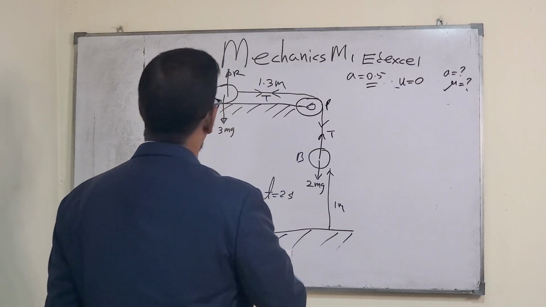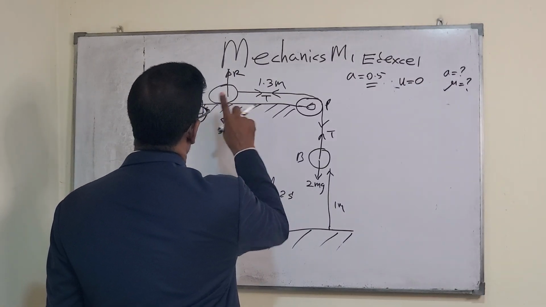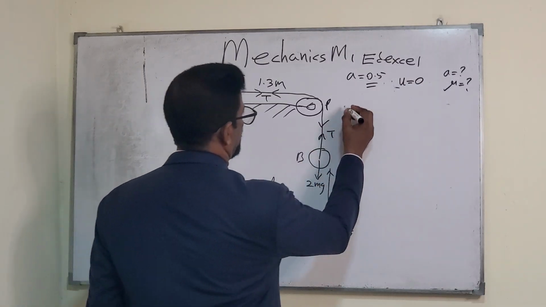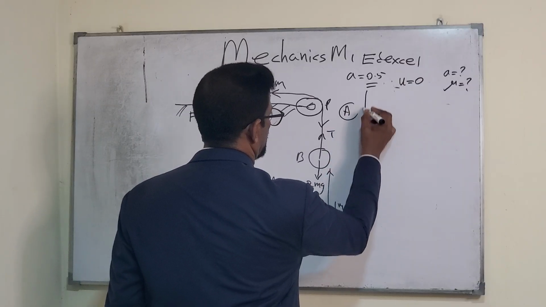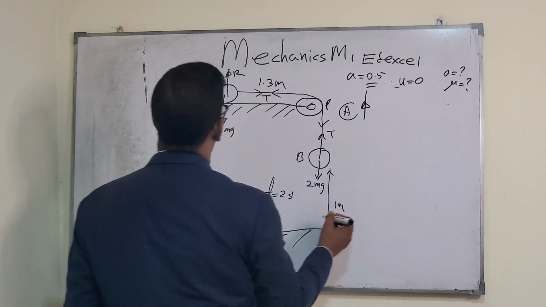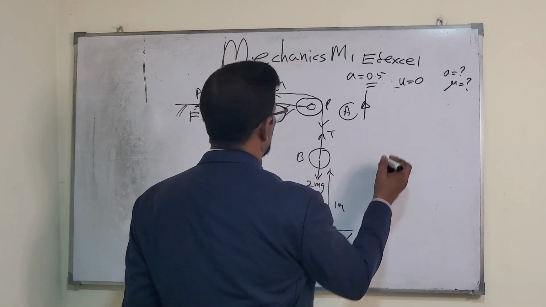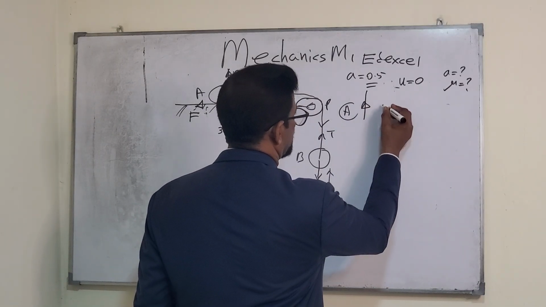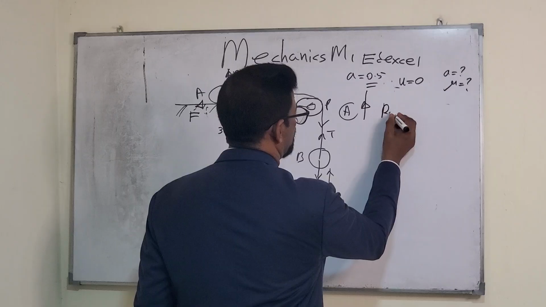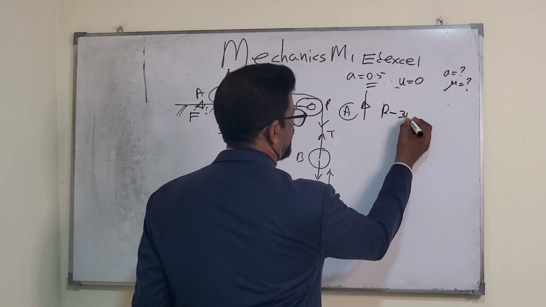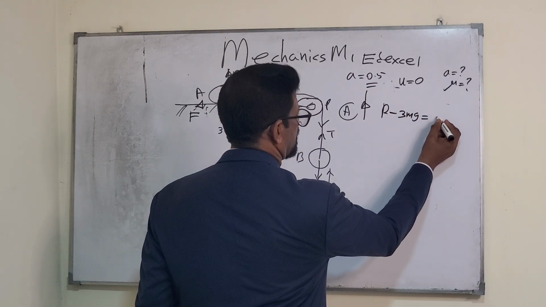Now for the normal reaction R at point A, resolve vertically. A does not move vertically, so R minus 3mg equals 0.